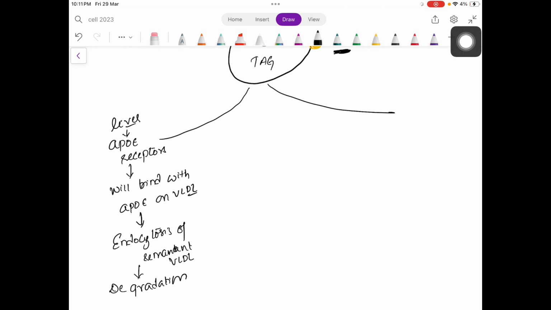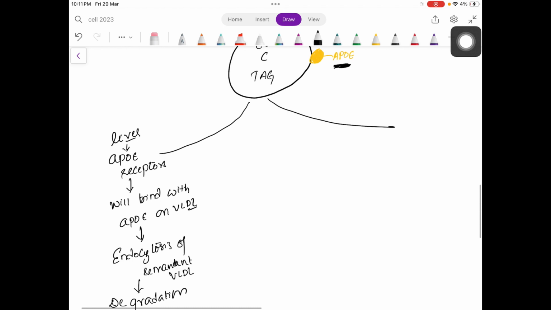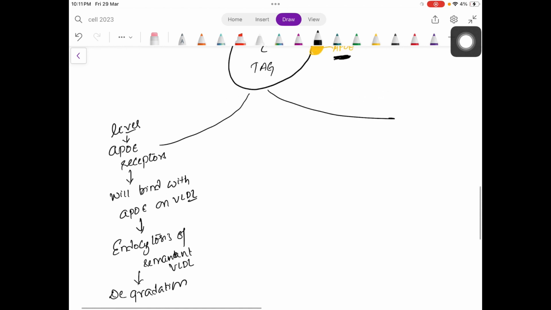Now after degradation, they are degraded into smaller particles, and 50% of the remnant VLDL will be transported through the receptor mediated endocytosis.